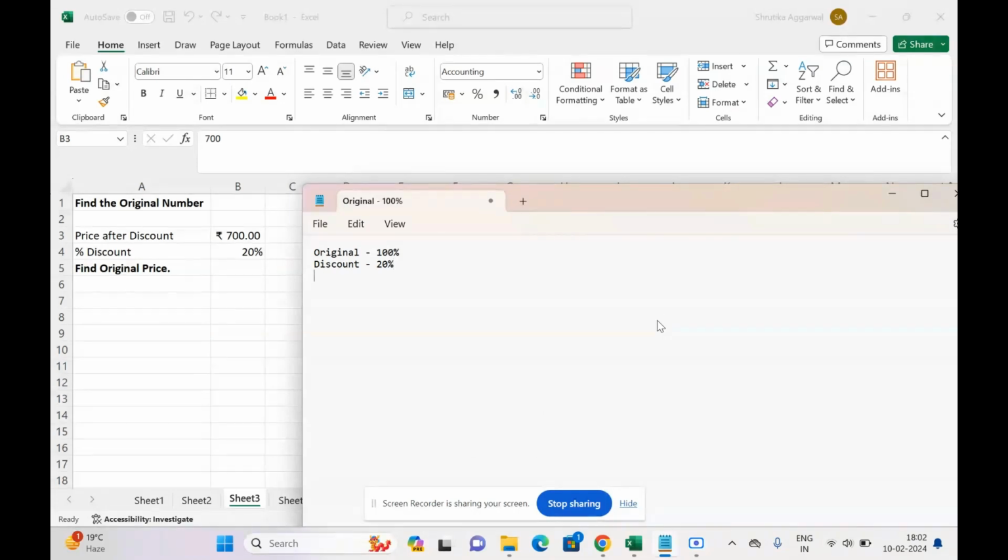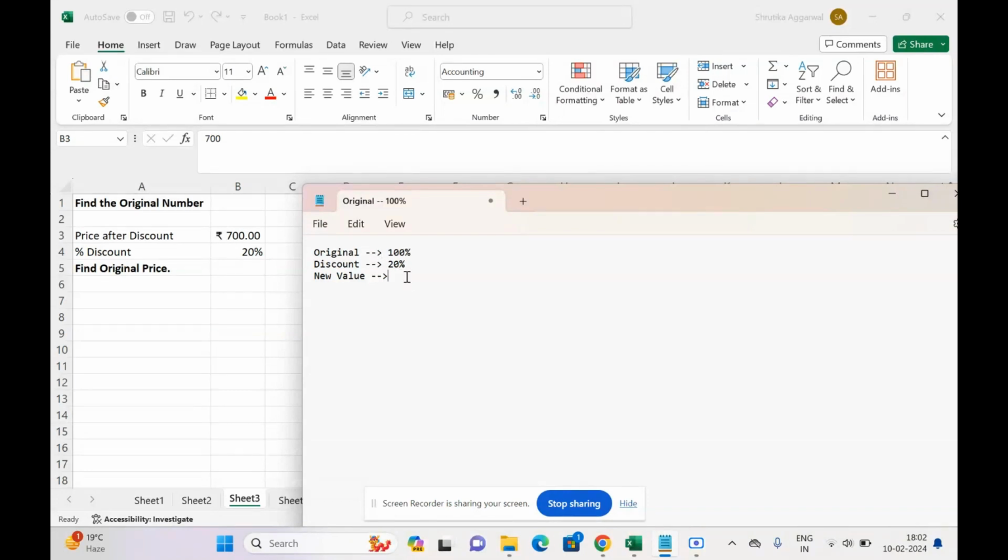Now I say after discount my value is 700. So what is 700? 700 is 80%. So if I say what is new value, new value will be, or let's make it this way, just to avoid confusion I'm entering the arrows.